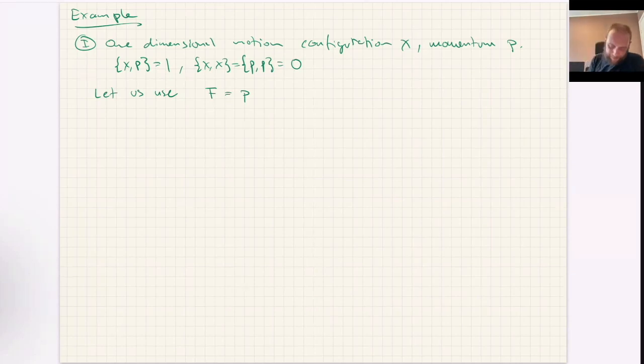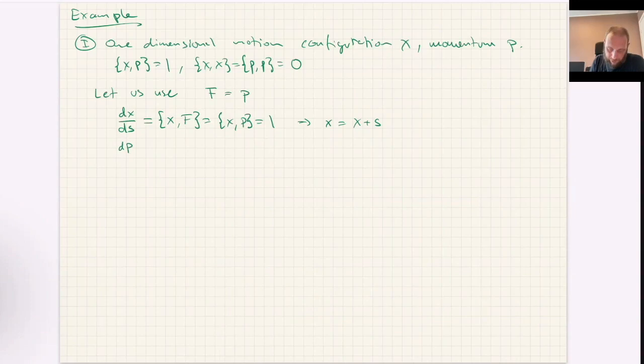So this means that dx/ds should be the Poisson bracket of x and f. Well, that's just {x,p}, that's 1. So this implies that x, for s equal to 0, I should have x itself, so I get x plus s.